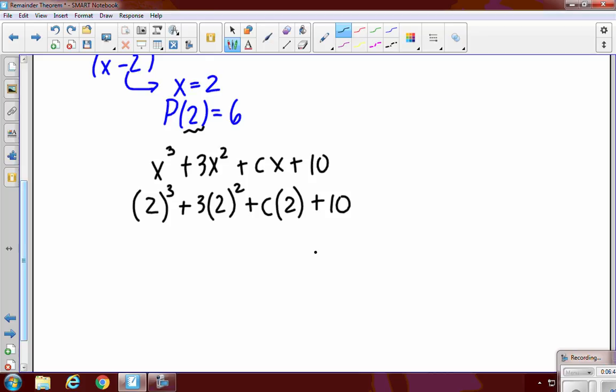If I was to put that in, the remainder theorem says that I should equal 6. So now you could see in this equation I wrote, I only have one unknown, which is c.